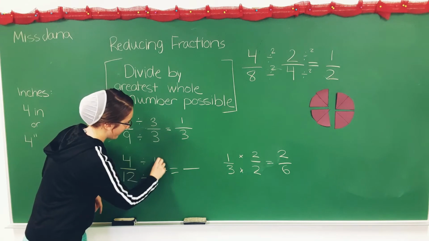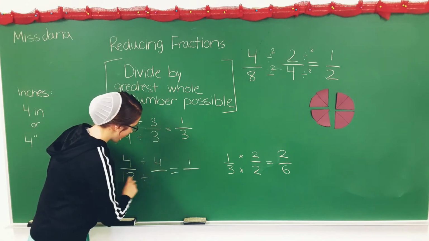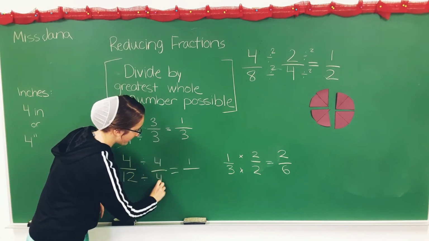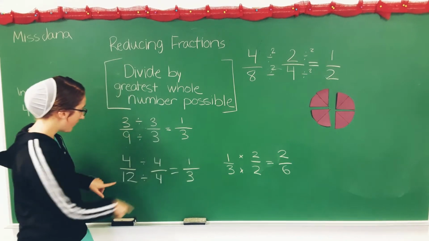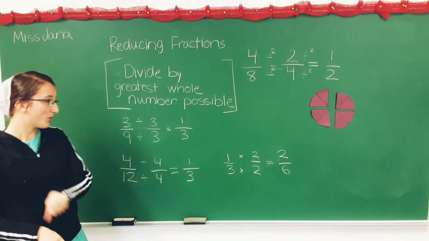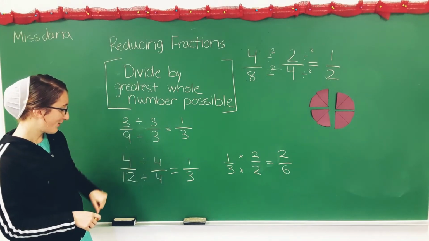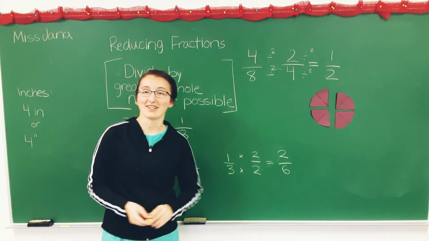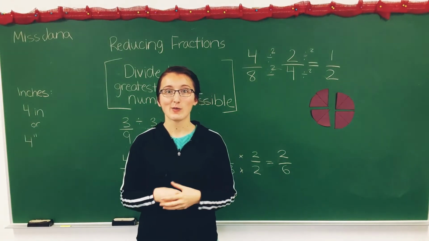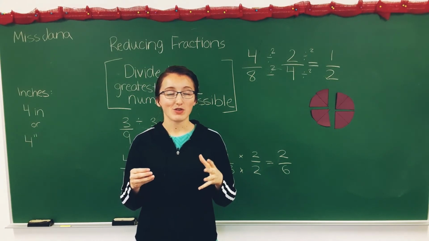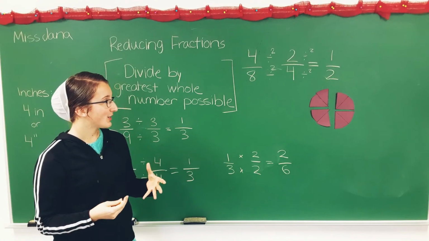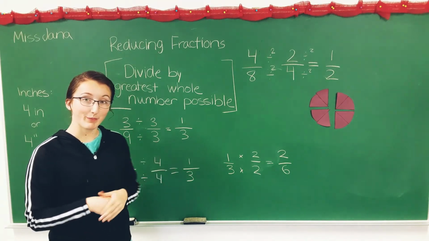So 4 divided by 4 is 1. 12 divided by 4 is 3. So 1/3 and 4/12 are equivalent fractions. Alright, I hope this makes sense. We're going to just divide and reduce fractions by a whole number. Okay?